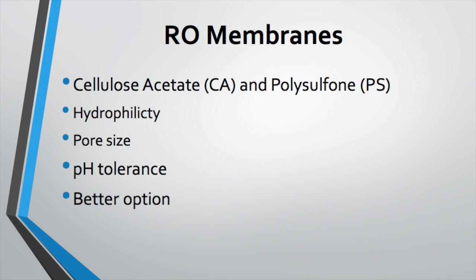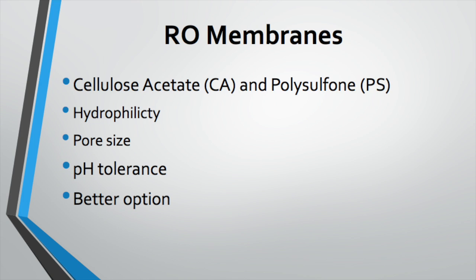Factors to consider while comparing membrane material include hydrophilicity, pore size, and pH tolerance. CA can be defined as a very hydrophilic material, while PS is only a moderately hydrophilic material. As for pore size, both CA and PS have average pore sizes of 0.01 micrometers. A distinct advantage cannot yet be determined between the 2 membrane materials.